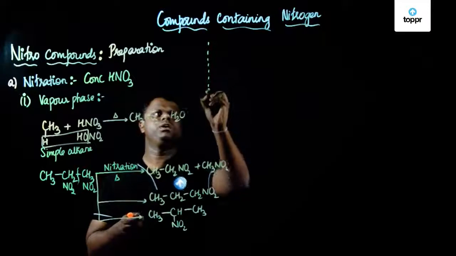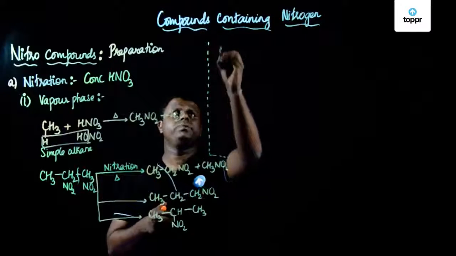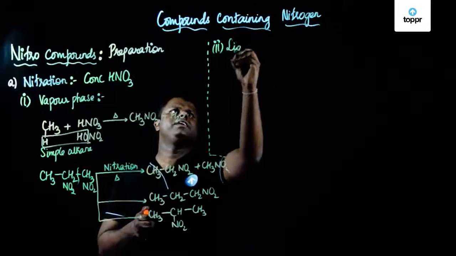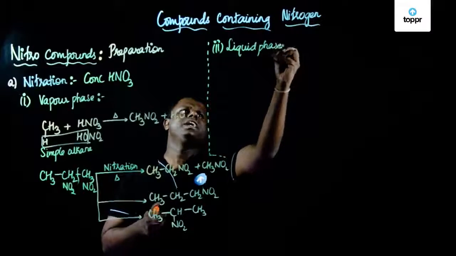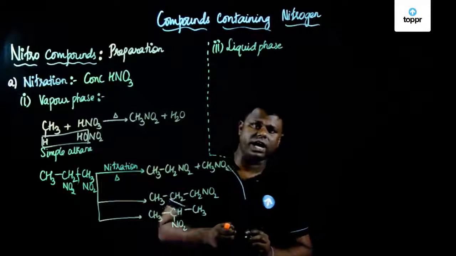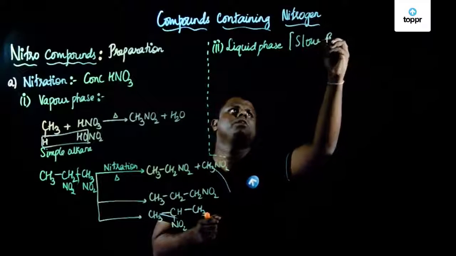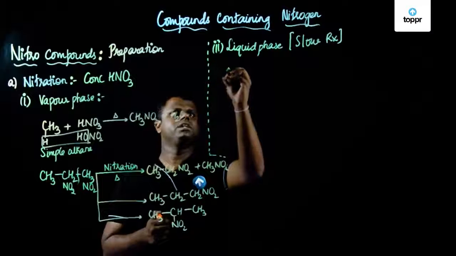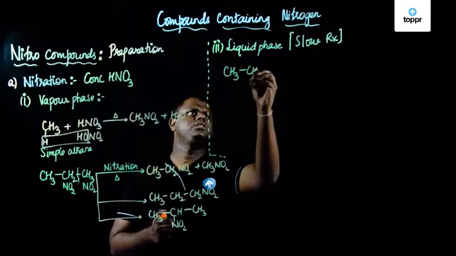Now let's move on to the next method of preparation. First was vapor phase nitration, then the next is liquid phase nitration. The drawback of this reaction is it's very slow and it takes hours and hours to complete. So this is normally not preferred because of its slow reaction nature. What exactly happens? You have CH3CH3.